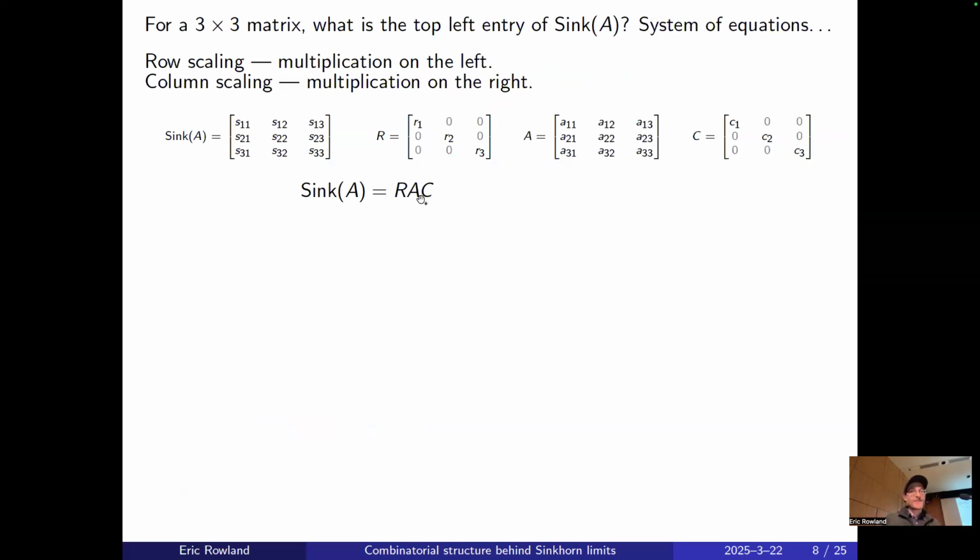It turns out that there's a unique doubly stochastic matrix here that you can get from A by multiplying on the left and right by diagonal matrices. And moreover, the diagonal matrices are unique up to scaling. So you could always take a factor of 2 from R and put it in C. But other than that, the R and C and the Sinkhorn limit are unique. So yeah, it's pretty robust.